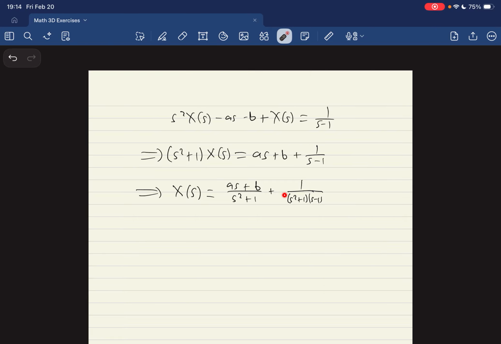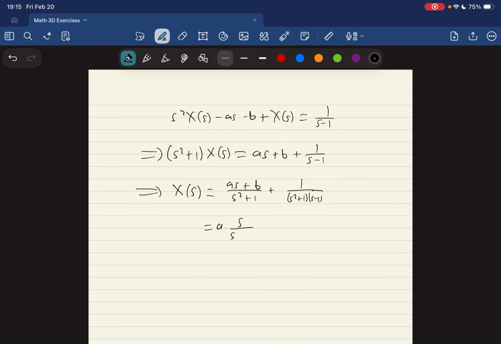Now for this, we need to do partial fraction decomposition here, and just sparing the details, breaking up this fraction, I get a times s over s squared plus 1 plus b times 1 over s squared plus 1. And then if you do partial fraction decomposition on this term right here, you're going to get plus 1/2 times 1 over s minus 1 minus 1/2 times s plus 1 over s squared plus 1.